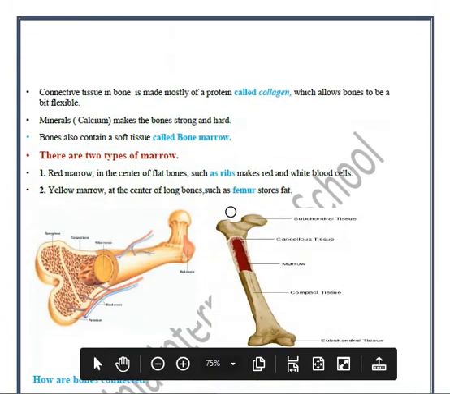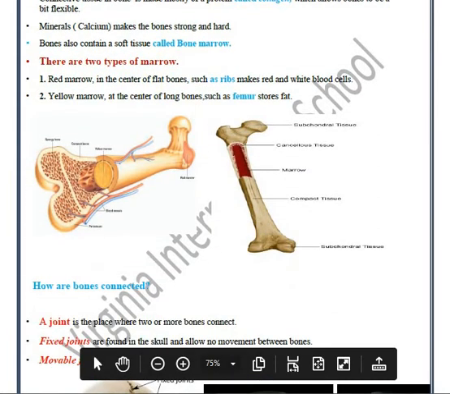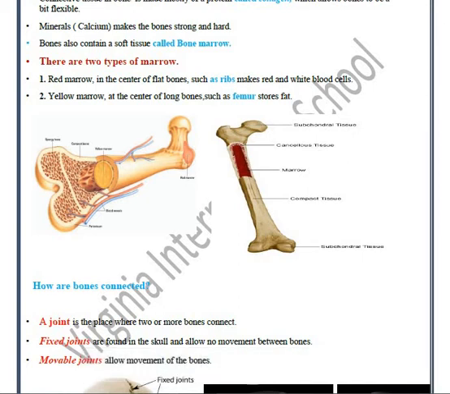Okay, let's now talk about the bone marrow. We have two types of marrow: red marrow and yellow marrow. The red marrow is found in the center of the flat bones, just like the rib. The ribs are an example of a flat bone, and the function of the red marrow is to make red and white blood cells.